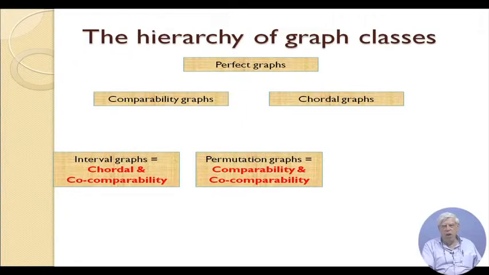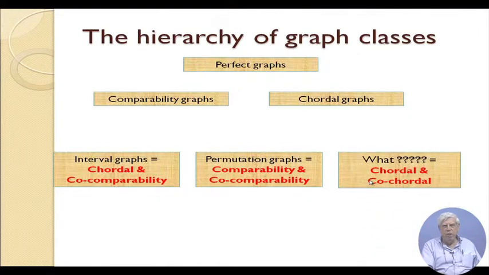There's sort of a hierarchy, and you recall that we have comparability graphs and chordal graphs, and then the interval graphs were characterized as those where the graph is chordal and co-comparability. Permutation graphs were characterized as comparability and co-comparability. And so you might ask, well, there's something missing.